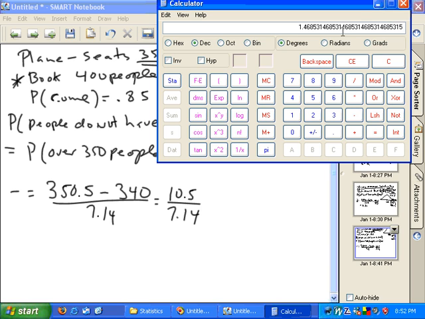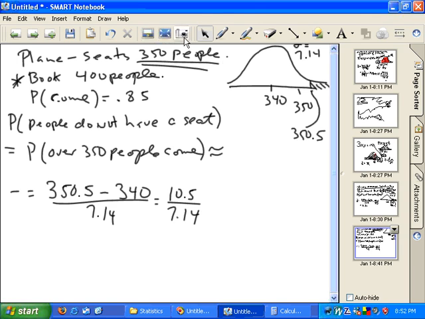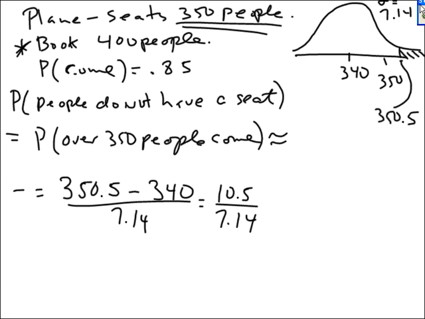1.468. Since we only go to 2 decimal places, and the third decimal is 5 or over, we're going to use 1.47.